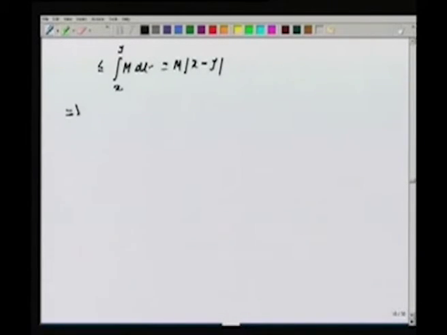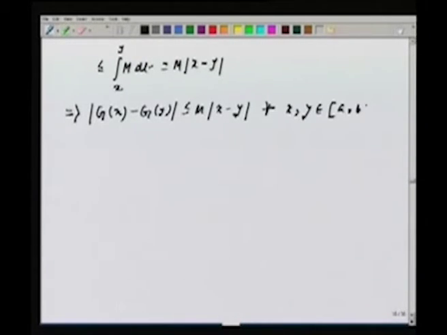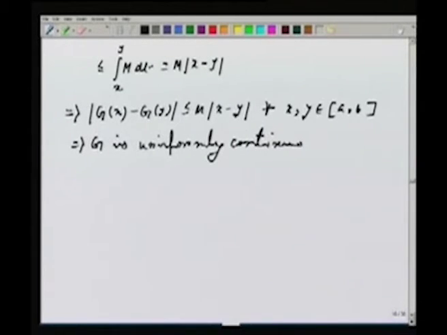So it follows then that modulus of g(x) minus g(y) is less or equals to M times mod x minus y for all x, y in the closed interval [a,b]. What does this mean? This implies g is actually uniformly continuous, something more than continuous. This is the first part of the result.